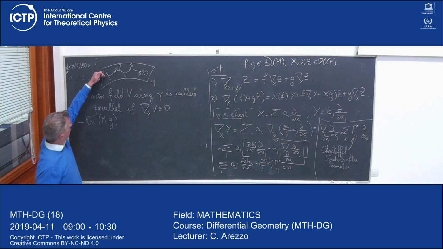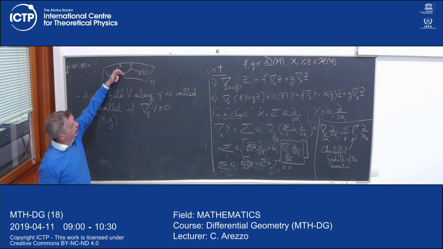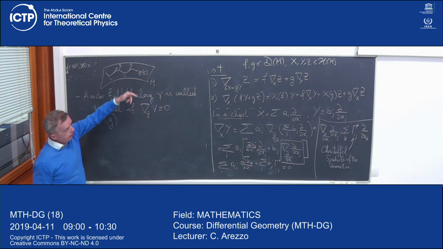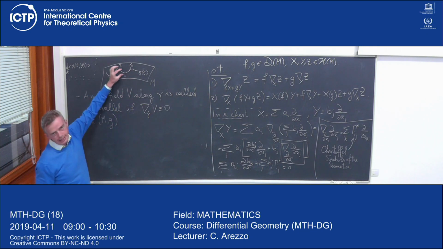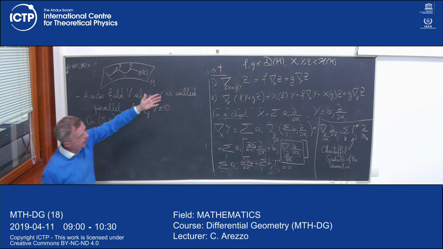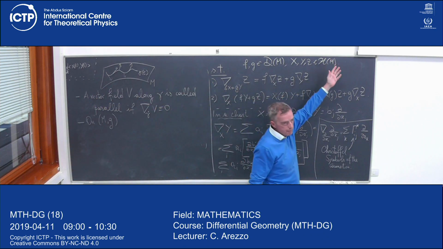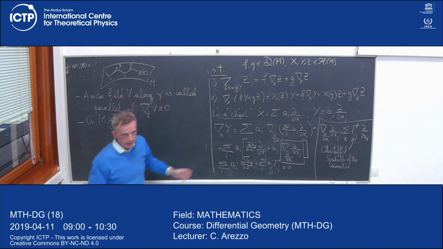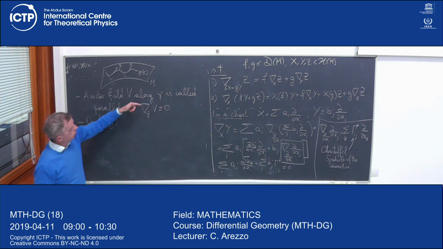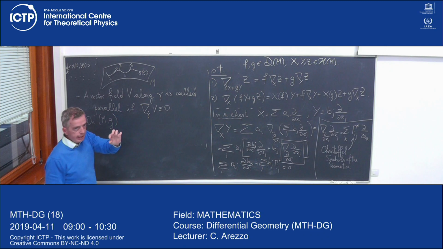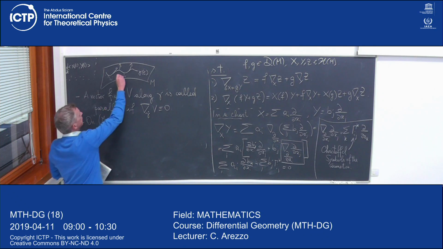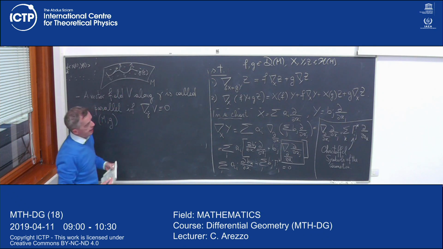But I don't want to lose 20 minutes to solve the problem of the fact that gamma dot is defined only along the curve gamma, while all these things require the vector field at least to be defined on an open set. In fact, here it's required to be defined over the whole of M, but at least on an open set. So the first thing you have to do is take this vector field and find any extension to an open set around the curve, and then do that.